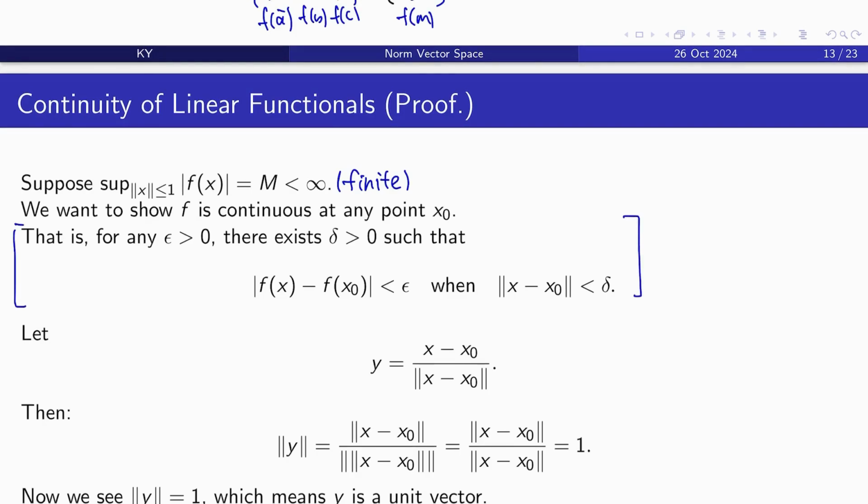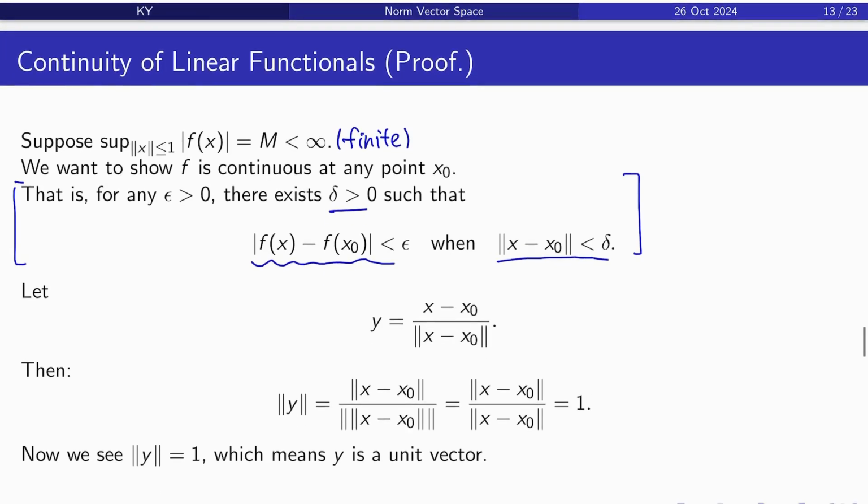Then we write our usual definition. For any epsilon greater than 0, there exists a delta greater than 0 such that if the norm of x minus x0 is less than delta, then it implies that the absolute value of f(x) minus f(x0) is less than epsilon.